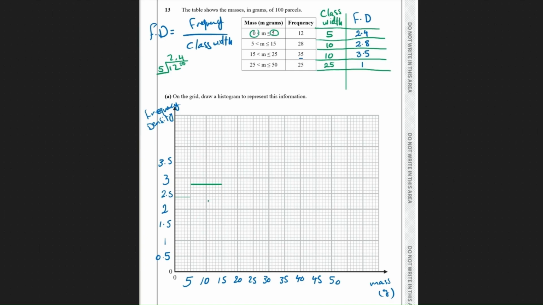And then from 15 to 25, it's 3.5, which is here. And then from 25 to 50 it is 1. So this is 1 from 25 here to 50.